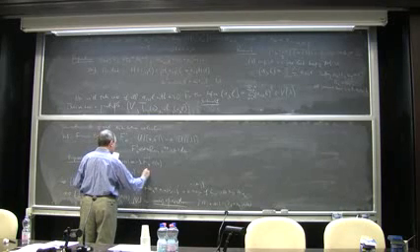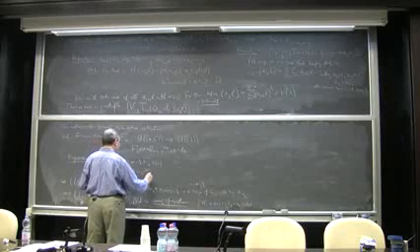You get e to the lambda w times lambda to the k.